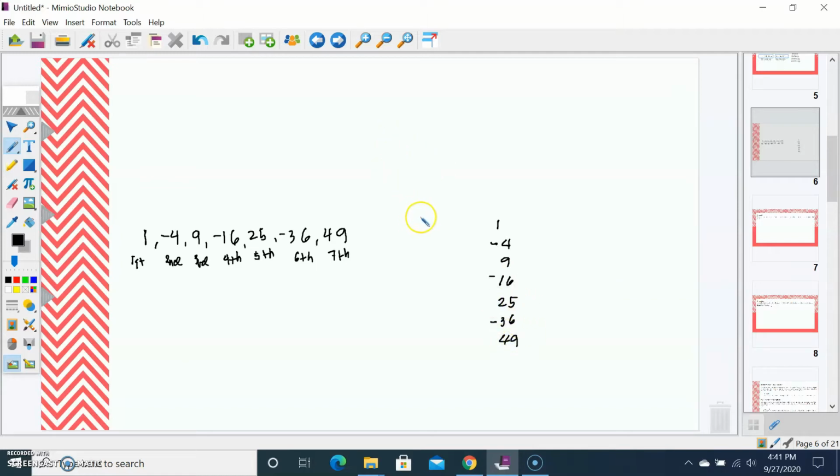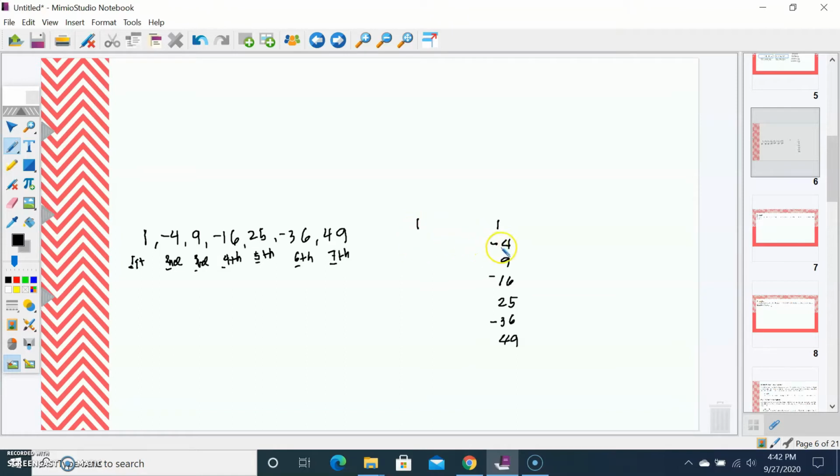Now, if I'm going to consider the position of the terms in this sequence, I can say that 1, as my first term, has an association with the number 1.